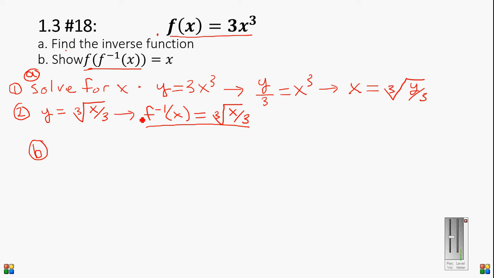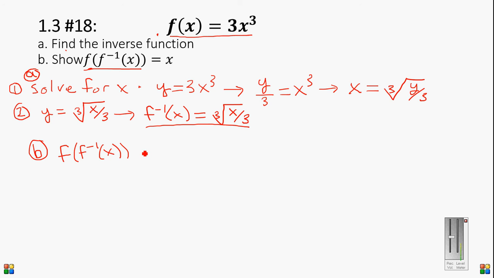So what we're going to do is figure out how this works. I'm going to rewrite it so I can get a handle on it: f of f inverse of x. And we want to show that that's equal to x. So I'm going to manipulate this and try to prove that it's actually equal to x.